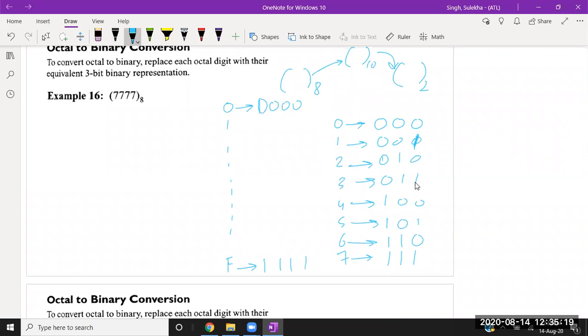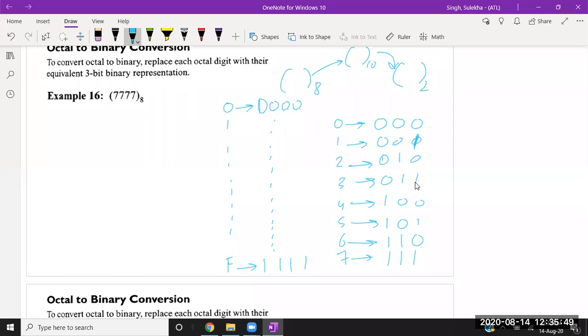All the numbers in between 0 and F are combinations of 0 and 1 in these 4 bits, and all the combinations are there in this list from 0000 to 1111. So this is the main reason we convert octal to binary and hexadecimal to binary directly.